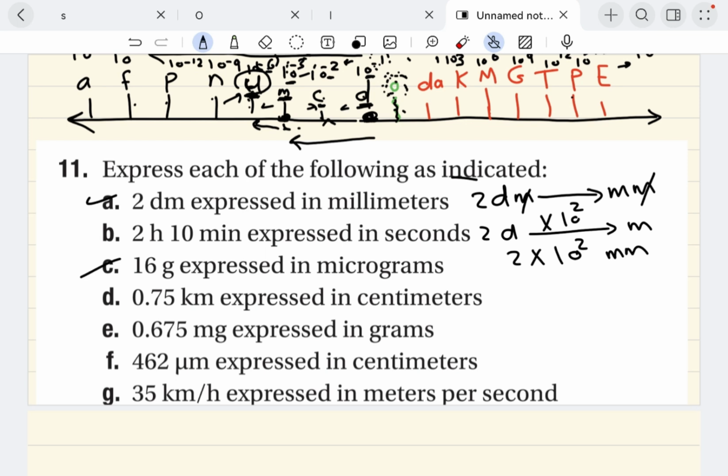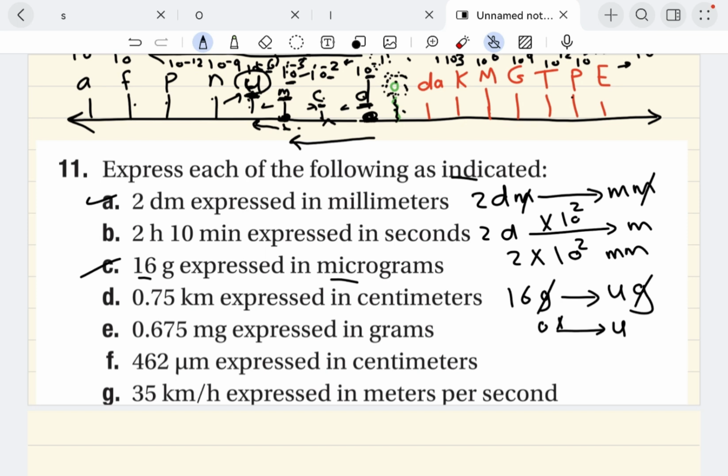Let's do another one. For example, for C, he asked to convert 16 gram to microgram, right? I will cancel gram with gram, so it's from 0 to micro. Where is 0? Here is 0 to micro, so again it's from big to small, so I have to multiply, right?